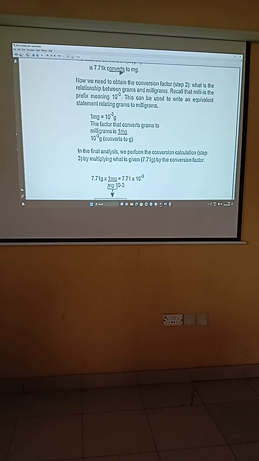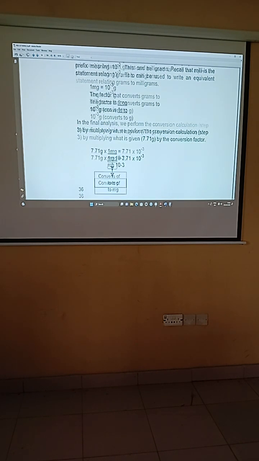Therefore, anything in milligram, in place of milli, I will introduce the factor 10 to the power minus 3. Then automatically, when multiplied with anything given, our answer will now be written in gram. Alright?